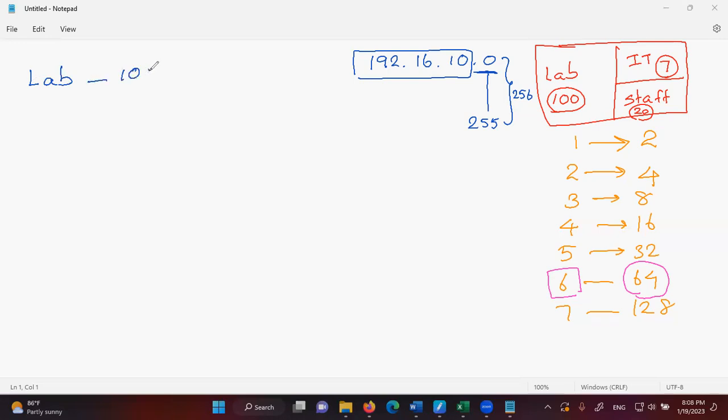So if we have 100 computers, we have to go with which part? 7 bits. Yes, the 128 block, right? We have to go here, which means we have to use 7 bits. So children, first we should find the subnet mask, right?